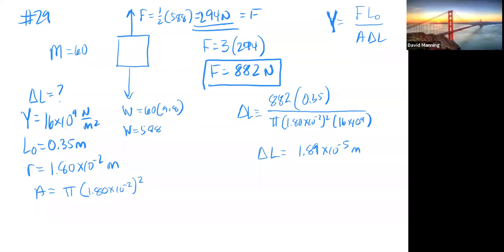I got that same thing twice: 1.90 times 10 to the minus fifth. So that's not very much. It's like 0.019 millimeters. A very small amount for your change in length of your bone.